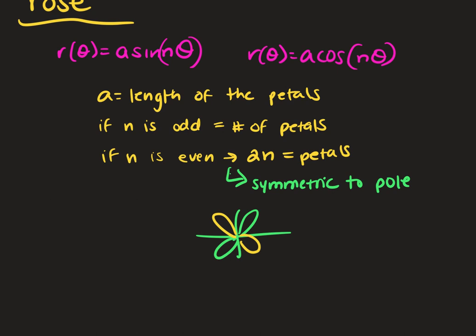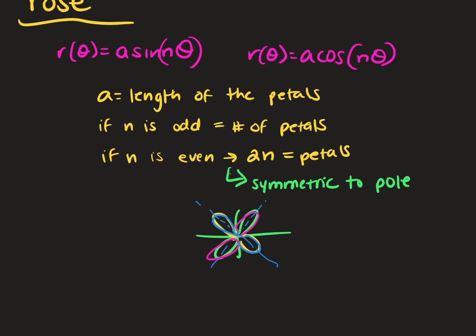So if I can find one of those petals, this actually has symmetry to all three: polar axis symmetry, pi over 2 symmetry, and symmetry to the pole. The pole is your origin. Whatever happens here happens here. Or if I fold it diagonally on the y equals x or y equals negative x lines, they would also overlap. That's kind of what the pole would be, just like the origin.